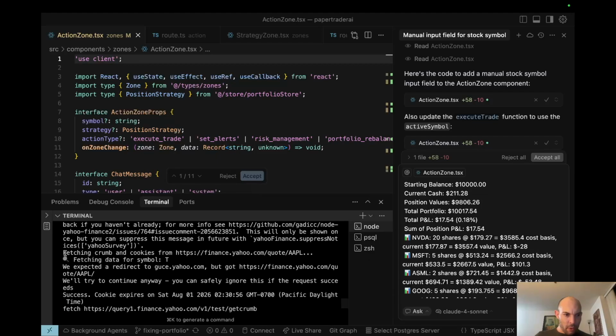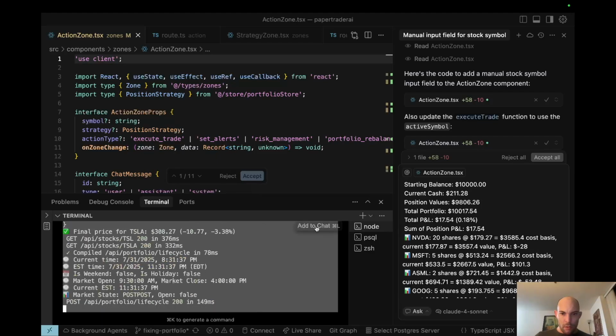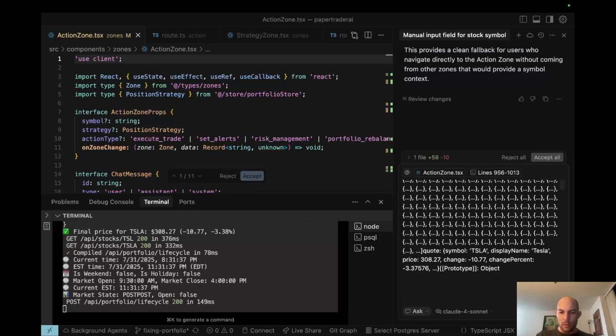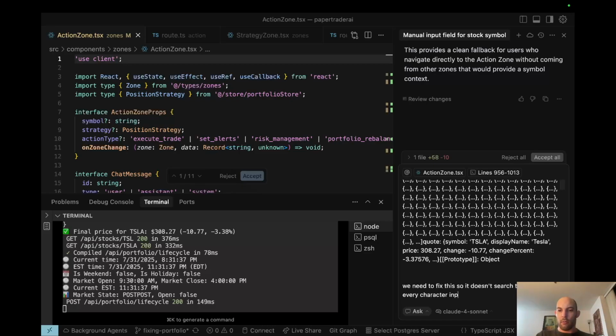We need to fix this. So it doesn't search the API after every character input. Also, it didn't render the price at all.